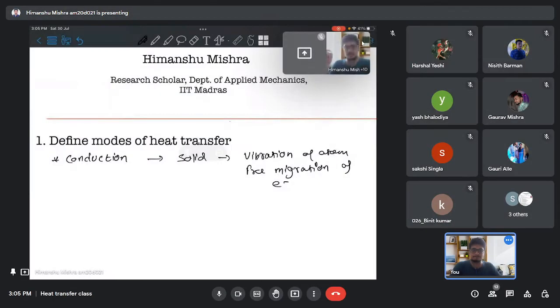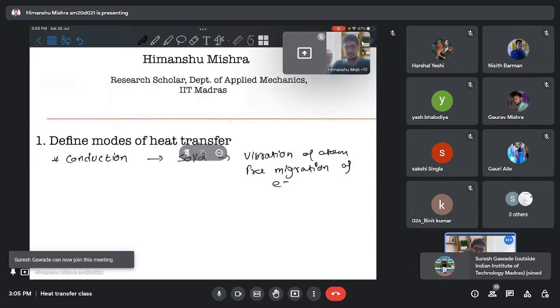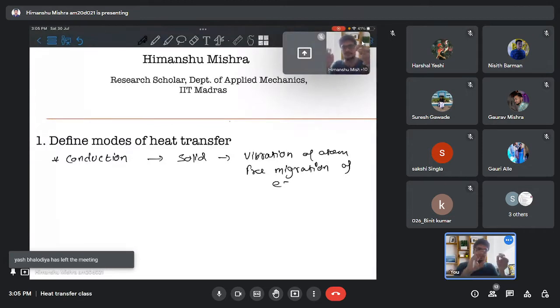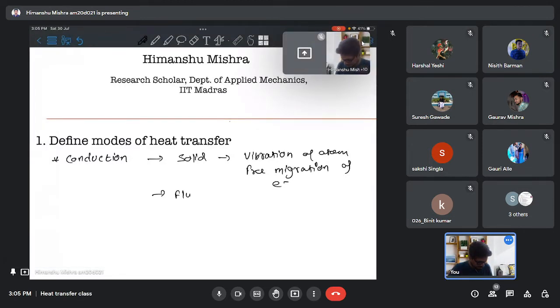Similarly, in a liquid where the atoms are closely packed with each other, there is transfer of energy due to collision. So in a fluid, conduction can happen due to collision or the diffusion process.